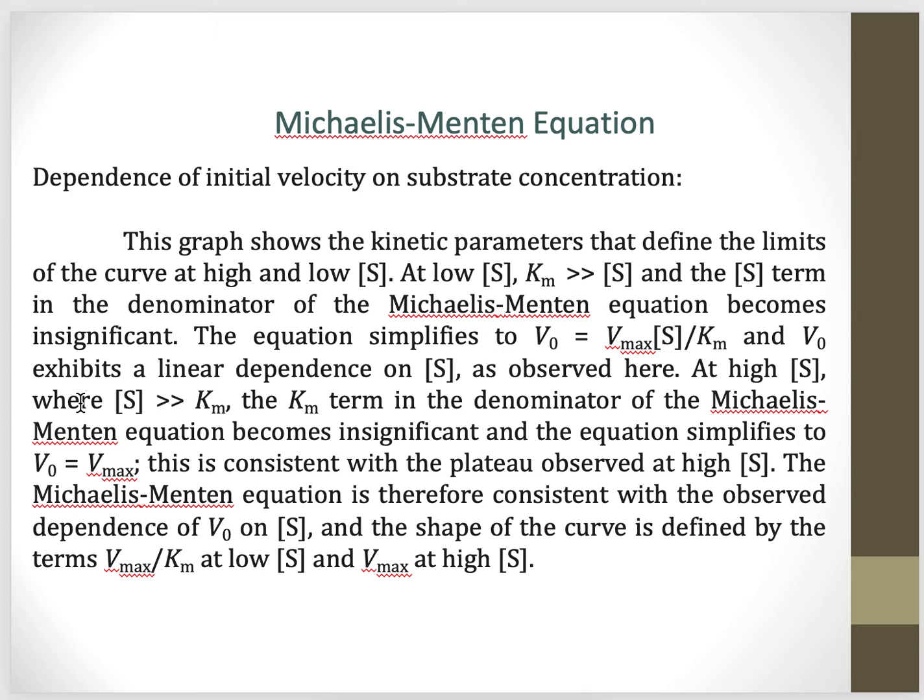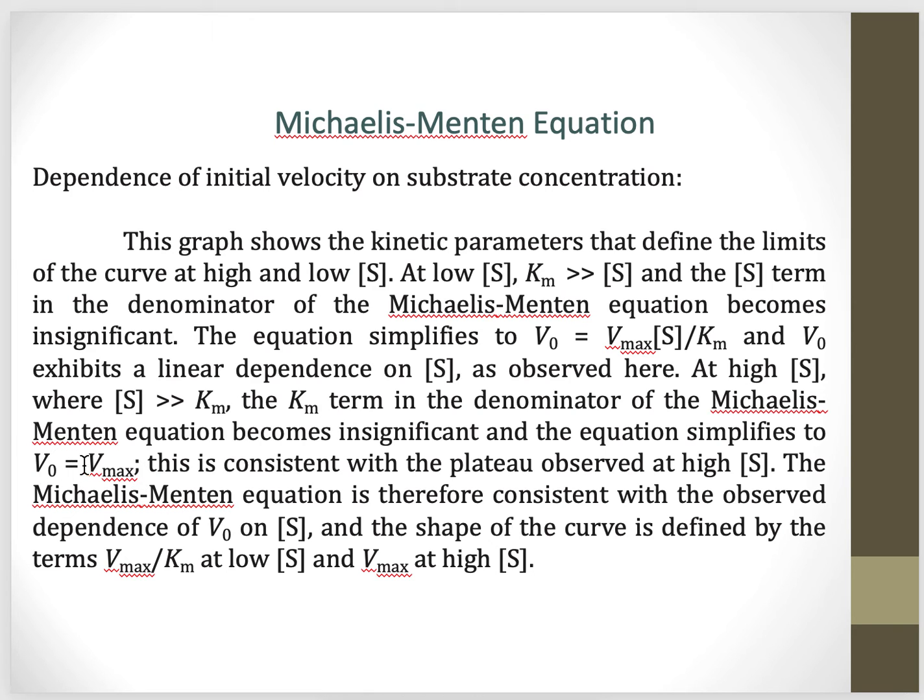That means the substrate concentration is much greater than the Km. In this case, the Km term in the denominator of the Michaelis-Menten equation becomes insignificant, and the equation becomes V0 equal to Vmax.